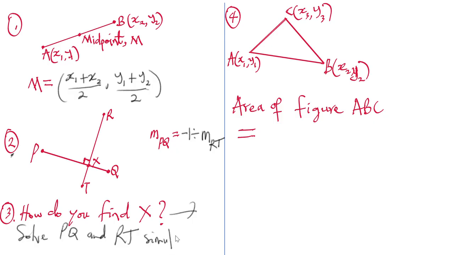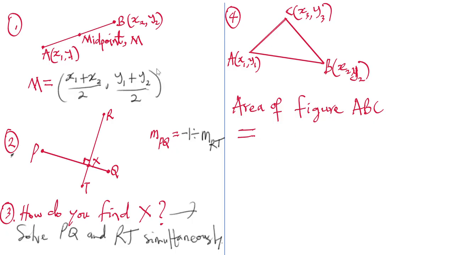That's to find a point of intersection of two functions. We solve simultaneously. The fourth one says that we should find the area of figure ABC.